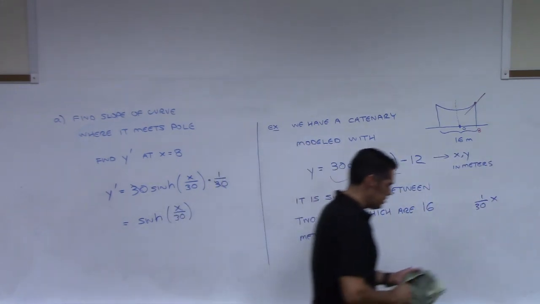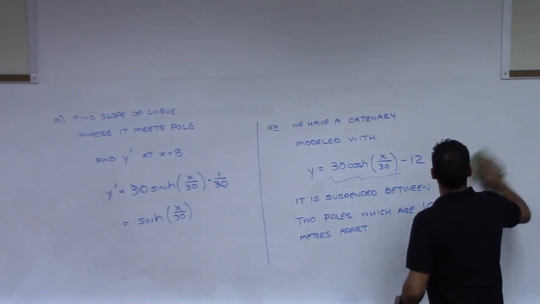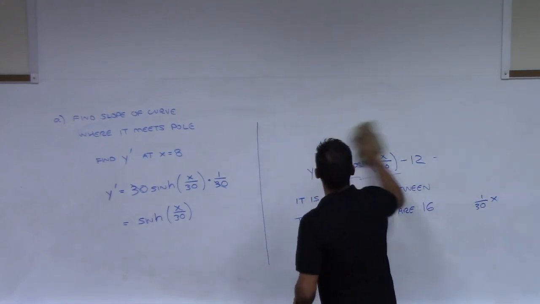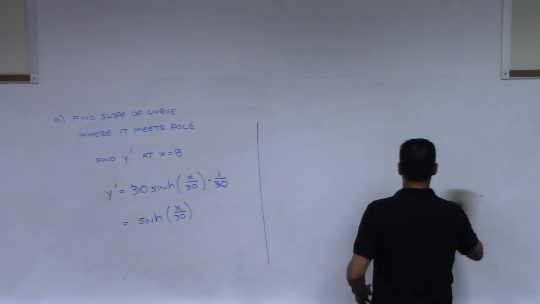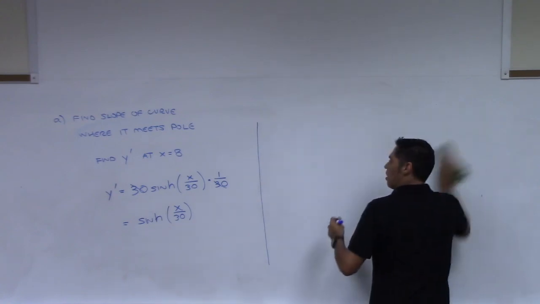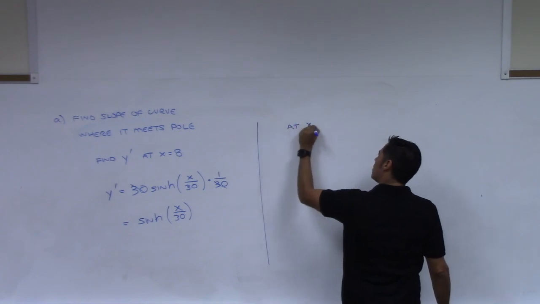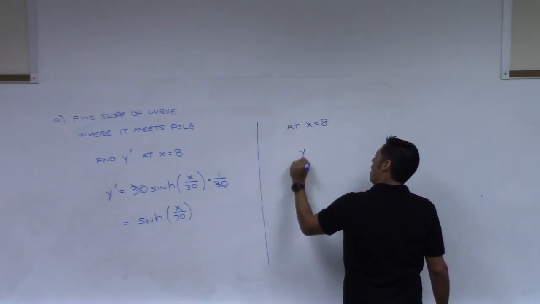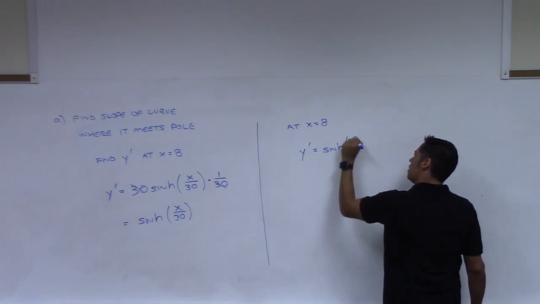Do you all have any questions on this? All right, so let's plug in 8. At x equals 8, y prime would be equal to sine hyperbolic of 8 over 30.